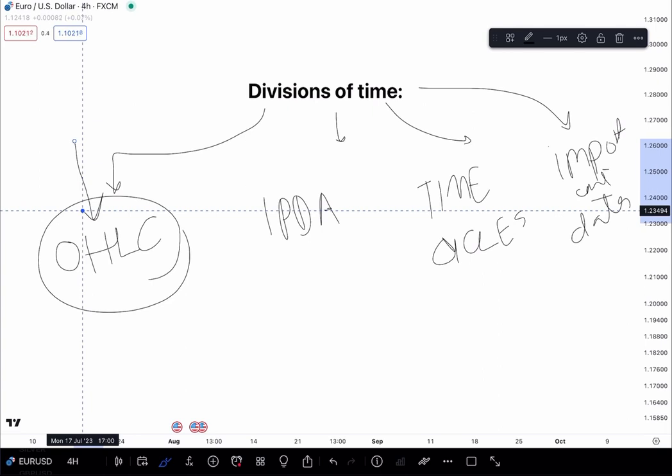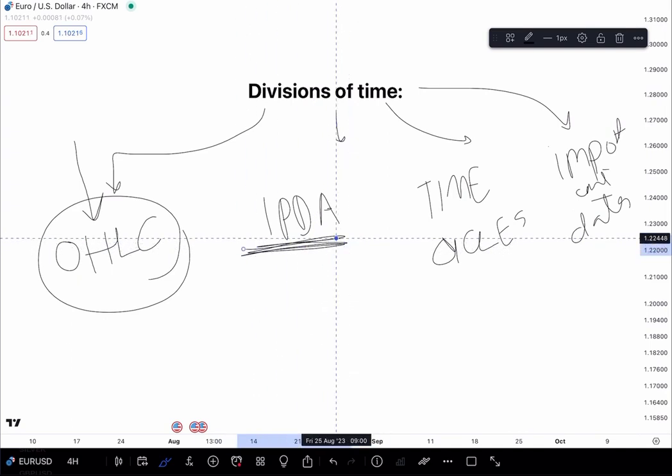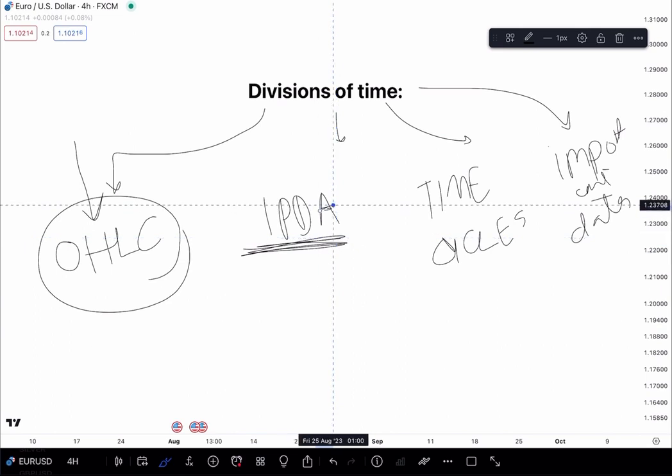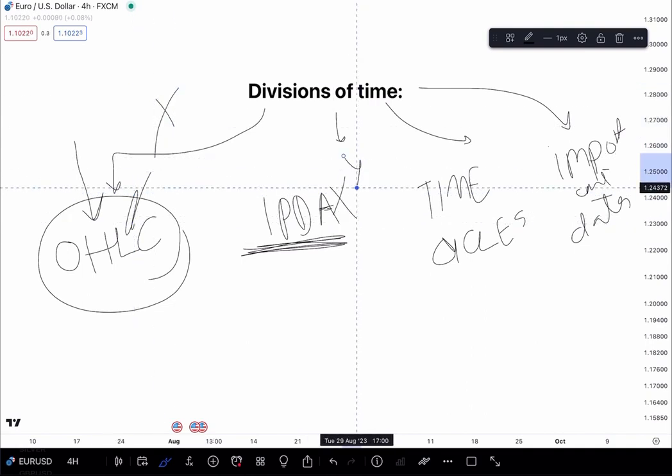The IPDA data ranges, which are not only by ICT, by the way. There's a certain person he took it from, refined it, quote unquote, and claimed it as his own. IPDA data ranges. The algorithm which is being marketed as having been coded, whatever nonsense that is, is simply copy-paste from X, copy-paste from Y, and boom.